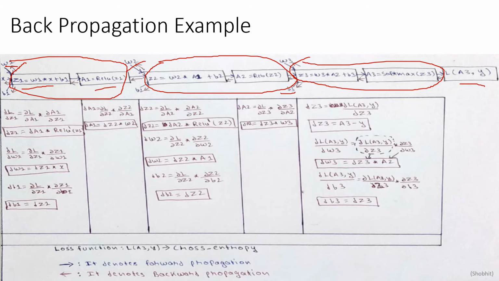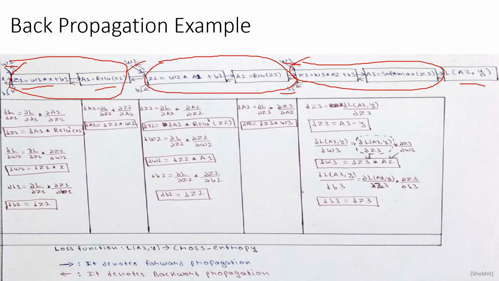So how do we backpropagate? We use differentiation. In short, we have to find out what the value of W3 will be after the change in the loss. That can be calculated through differentiation. For example, to calculate W3, it is dz3 into a2.